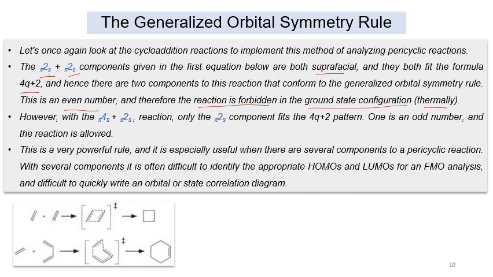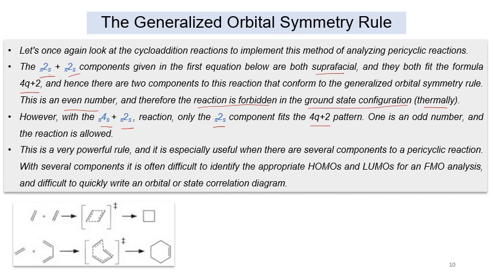That means thermally. Let's look at the 4 plus 2 cycloaddition. In the 4 plus 2 cycloaddition, it is now a pi 4s plus a pi 2s reaction, in which only the pi 2s component fits into the 4q plus 2, where q is equal to 0.